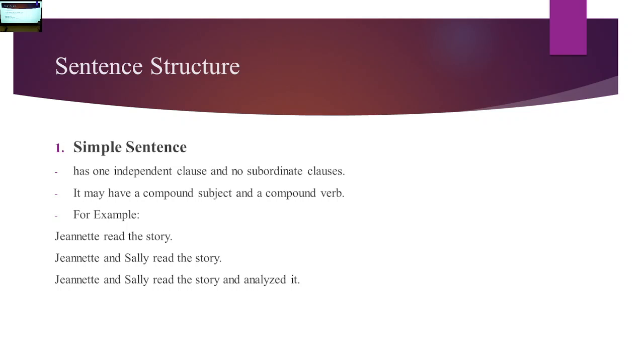So when you say Jannat and Sally read the story, here you have one independent clause, okay? Sometimes you have a compound subject and a compound verb, or compound predicate. So when you say, Jannat and Sally read the story and analyzed it, here you have one simple sentence.